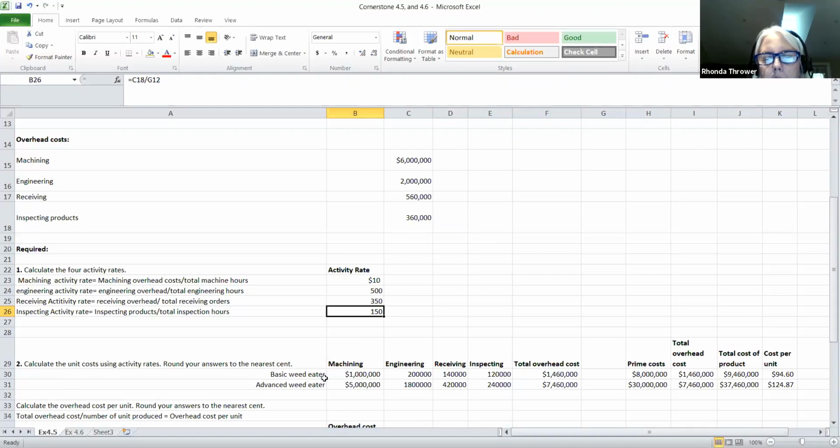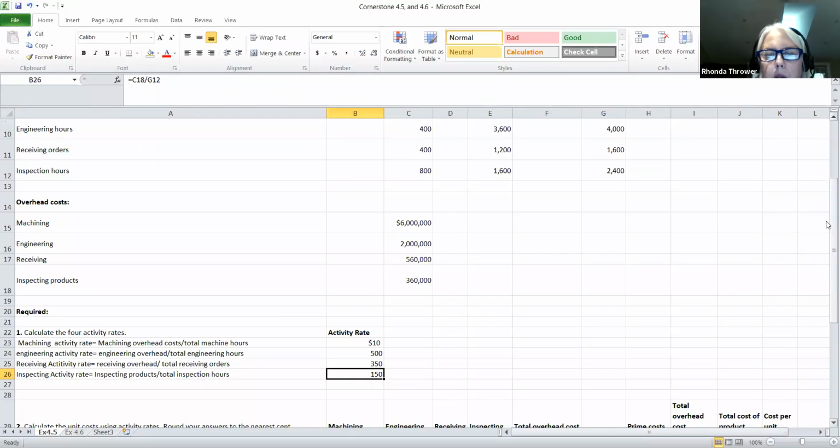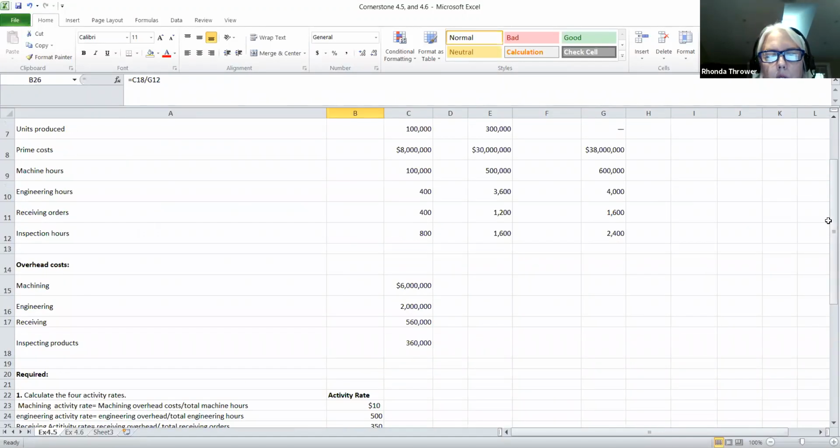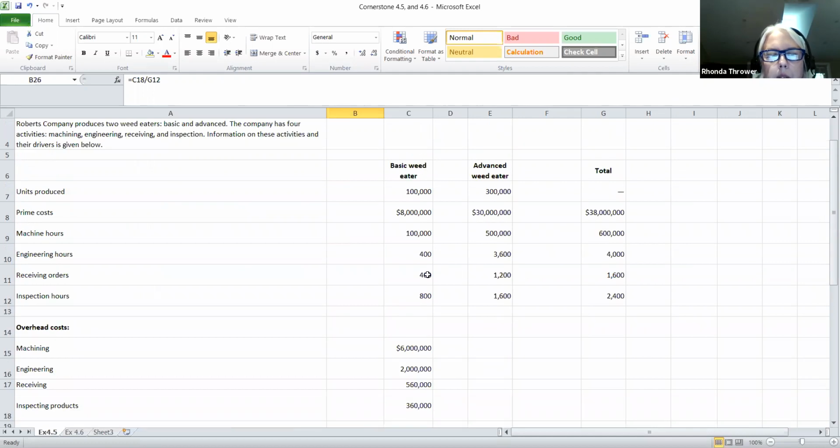So for the basic weed eater, I had to come up with the machining cost based on this activity rate, which was $10. I'm going to scroll up to our table with our information on it. We're talking about machine hours, and the basic weed eater took 100,000 machine hours.